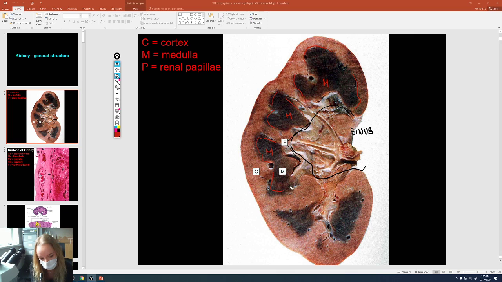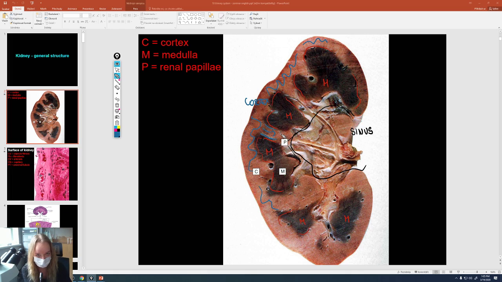So yes, these are the pyramids of the kidney, composed of medulla. And above the medulla, we can see the cortex. So this is the cortex right here. The cortex goes between the medulla in some columns.